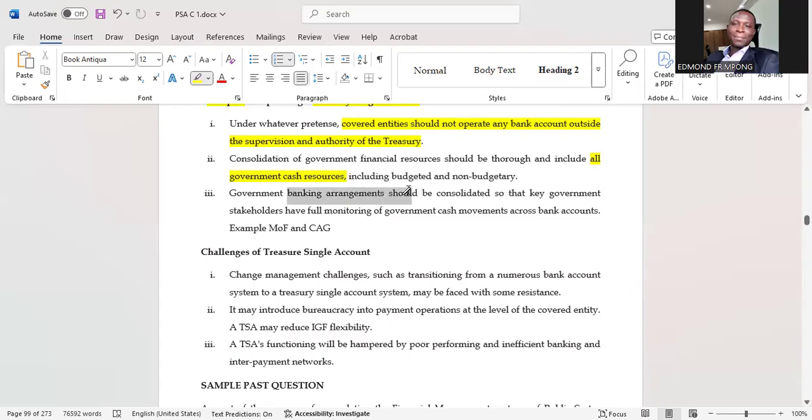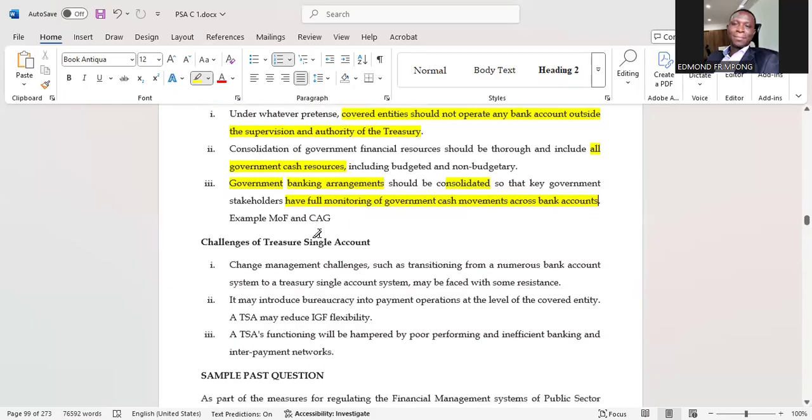And I'm saying that government banking arrangements and operations should be what? Consolidated. When we are able to do the consolidation, we are going to have full monitoring of government cash movement across bank accounts. Example, Minister of Finance and Controller and Accountant General.